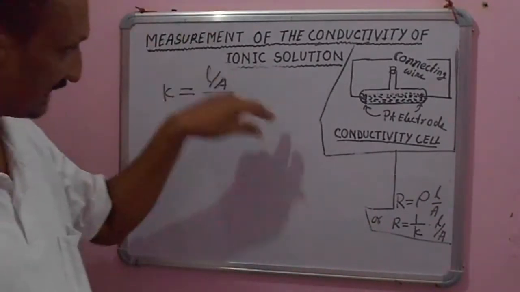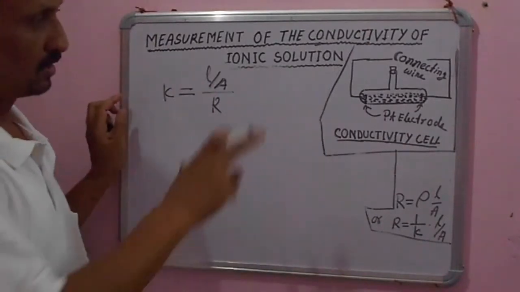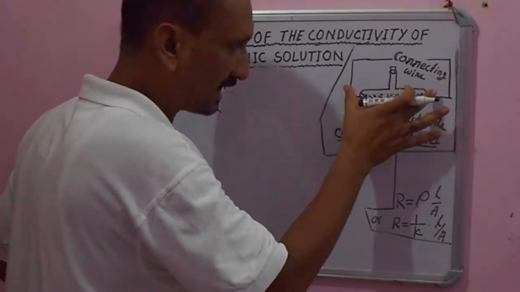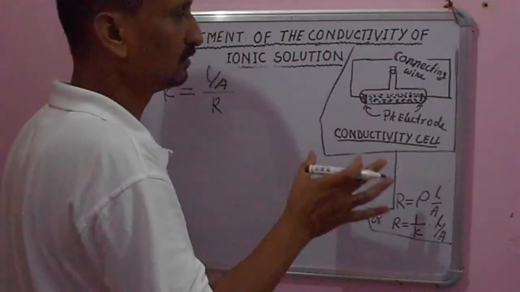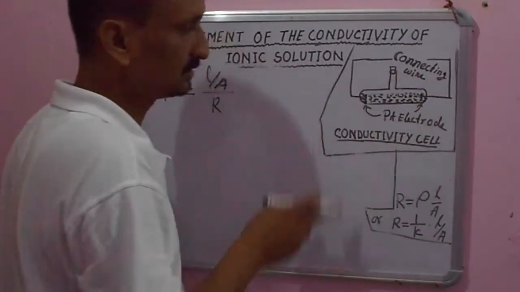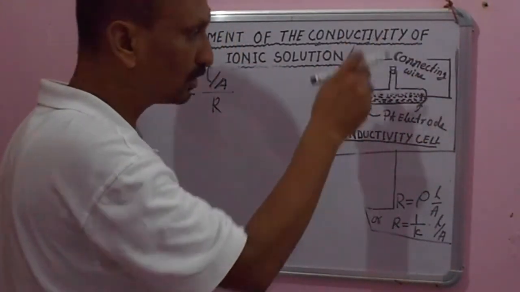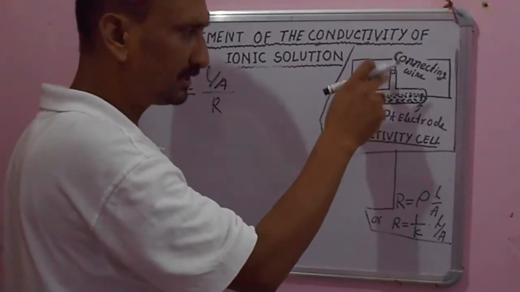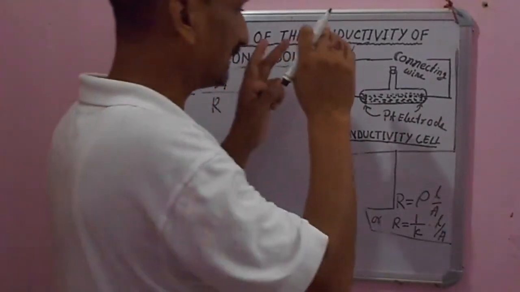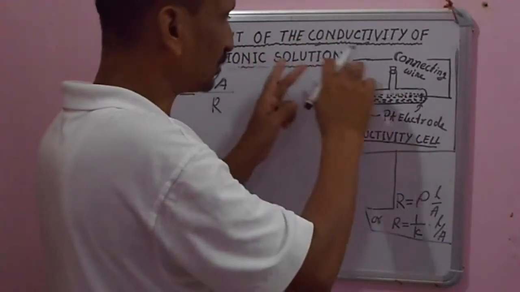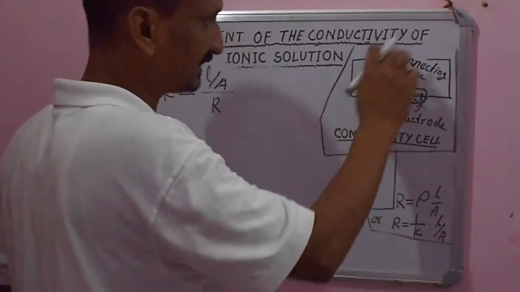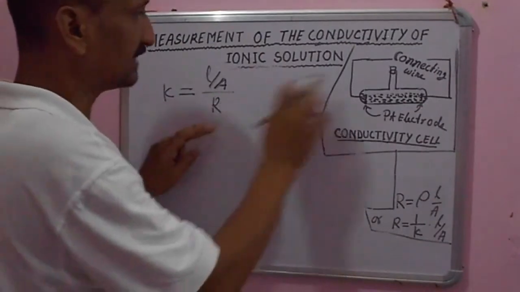So in the next case, actually what we do, we take the ionic solution whose conductivity is to be measured in the conductivity cell, whose cell constant L by A is already measured by taking a known solution, whose conductivity is known, that is potassium chloride solution, and it is connected through the Wheatstone bridge, and that R is measured.